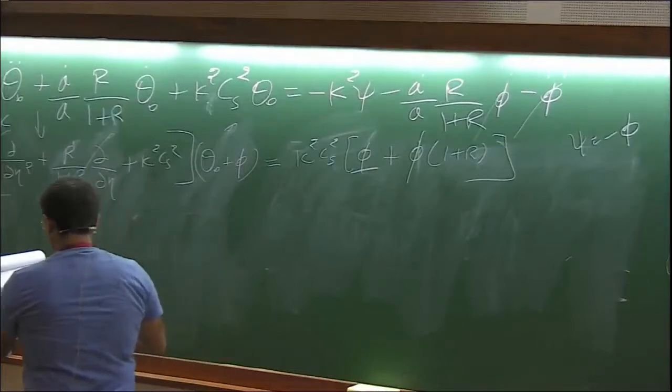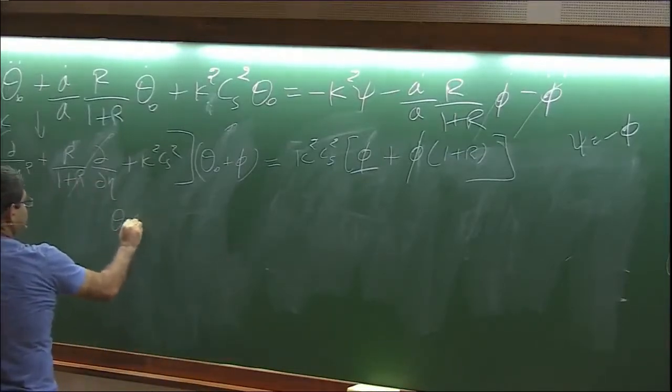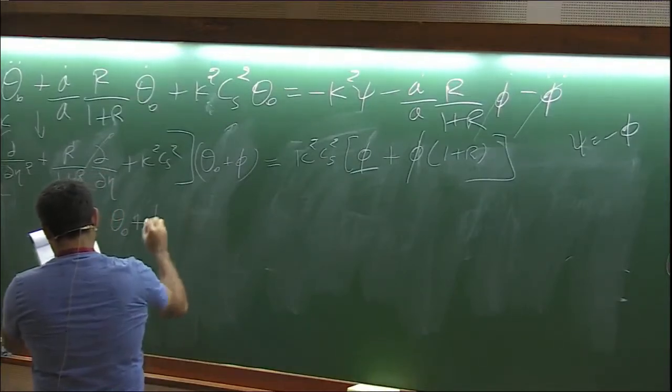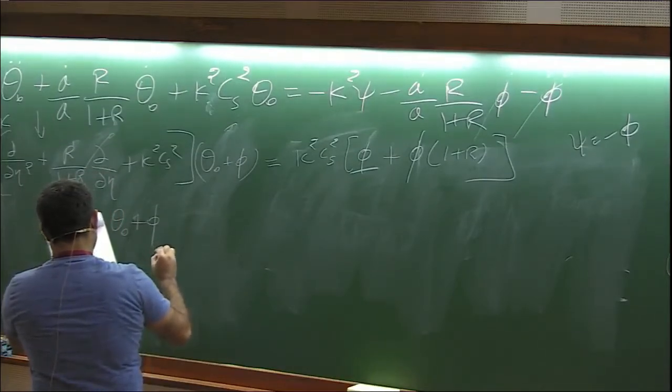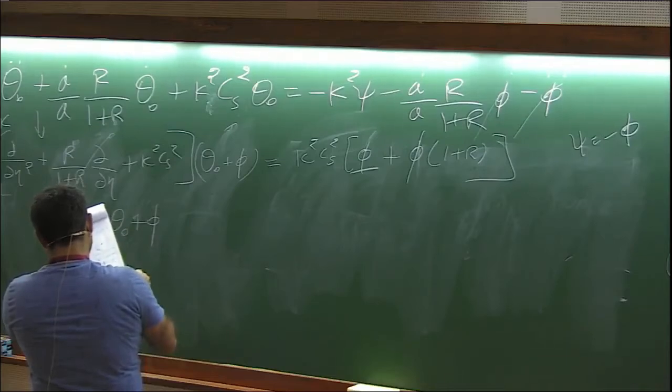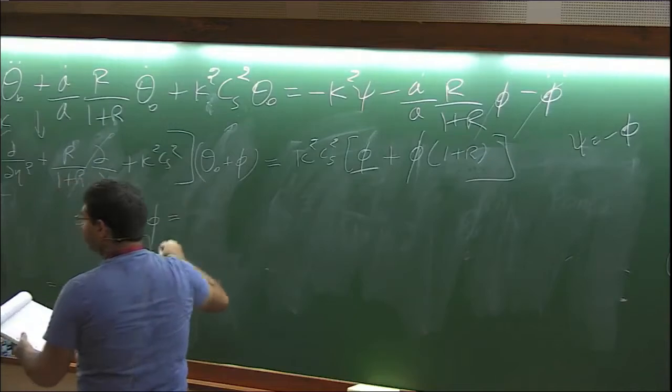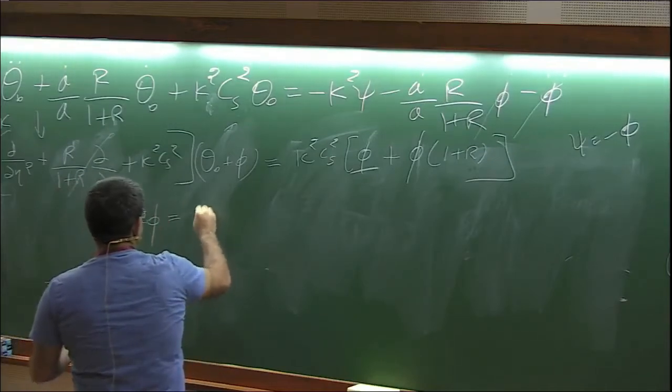So the solution to this equation is theta 0 plus phi equals some initial amplitude. Let us call it b.